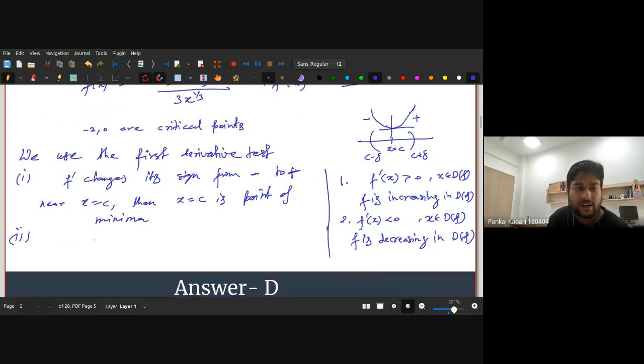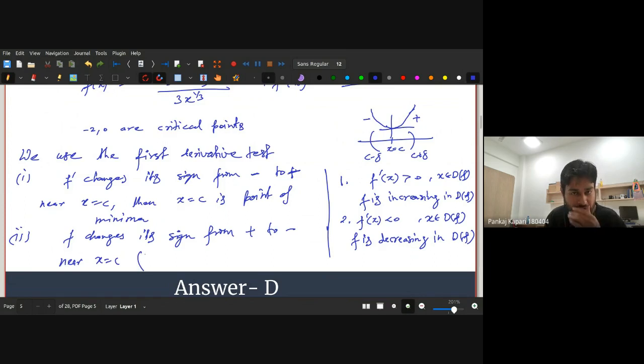Similarly, if f prime changes its sign from positive to negative near x equal to c, and this sign change we are always taking from left to right, then what happens?